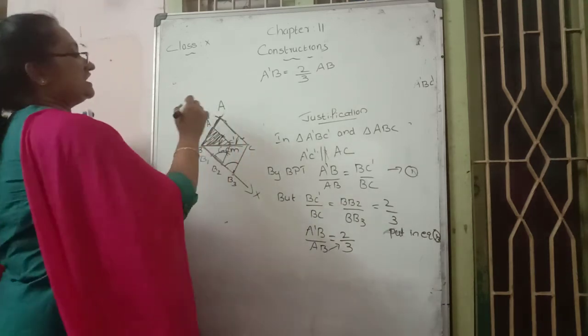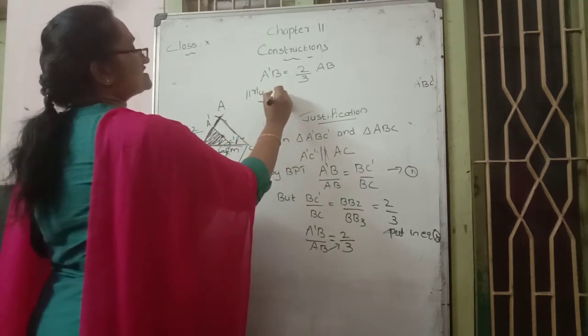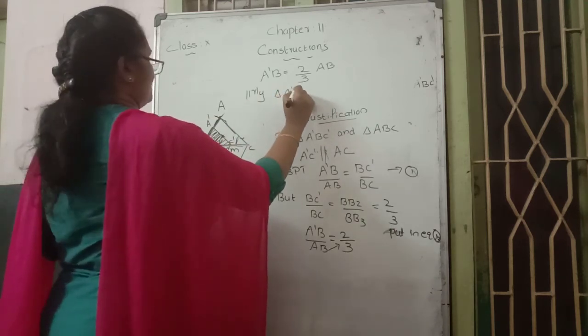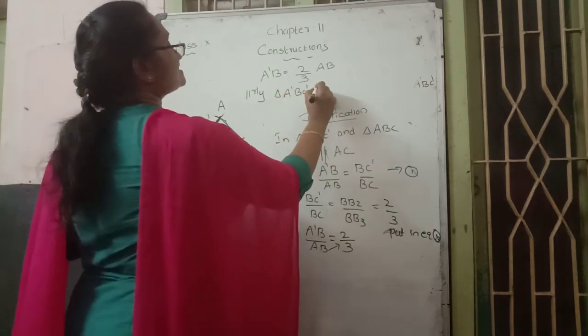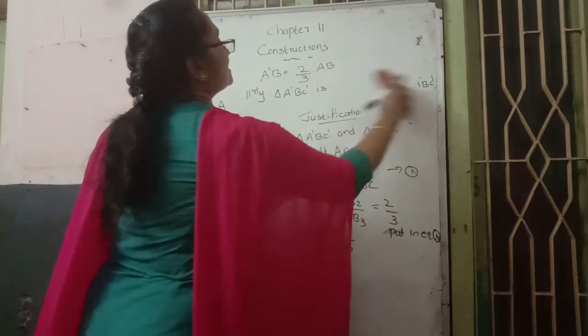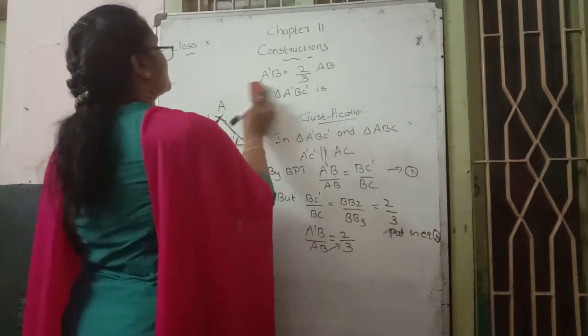So we proved that. Similarly, all sides of our similar triangle A dash B C dash are equal to 2 by 3 of the sides of which triangle? The original triangle ABC.